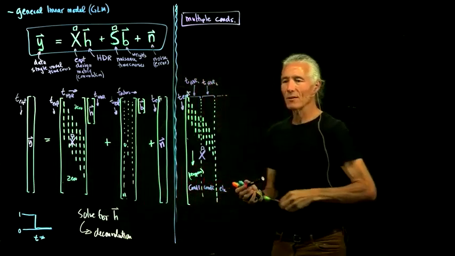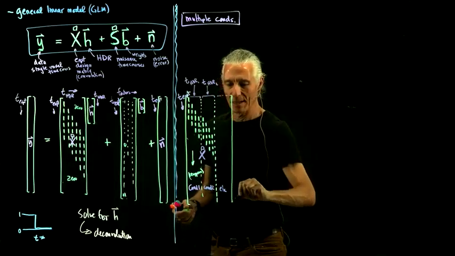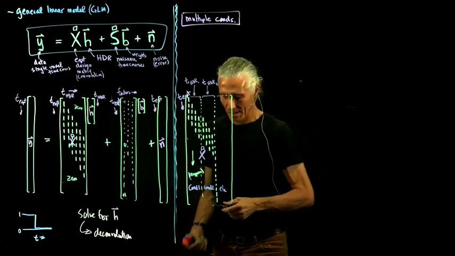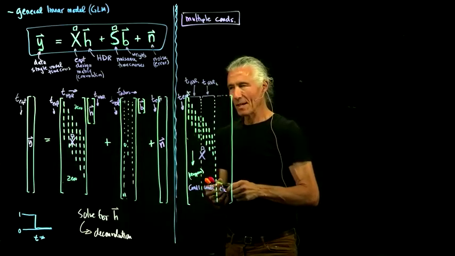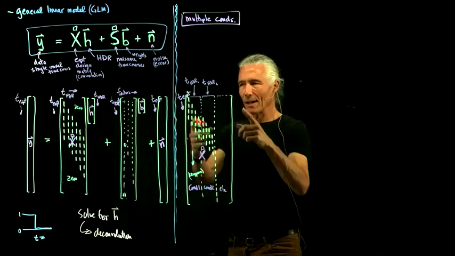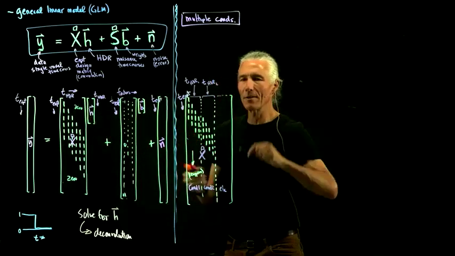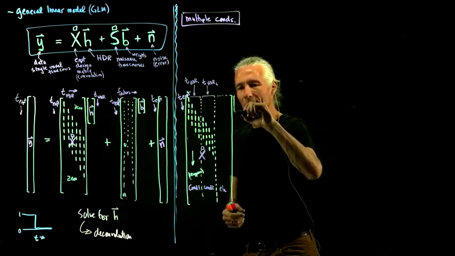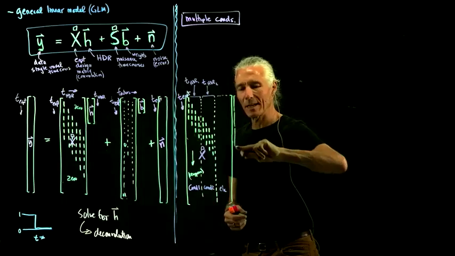So that's how you would expand out the matrix to include multiple conditions. That's going to require a longer hemodynamic response function vector and unknown. So now we're going to have one that is like 3 times as long, something like that.